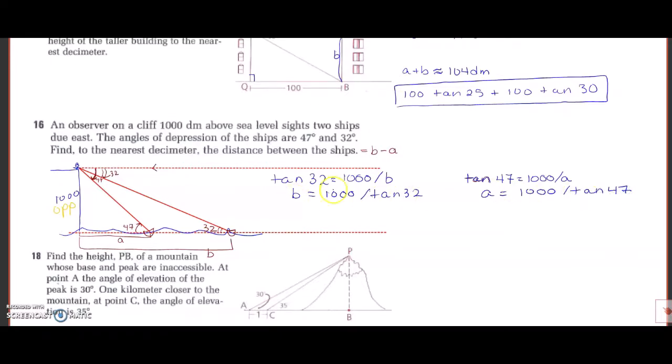of 47. So then the distance between the ships in calculator ready form is 1,000 divided by tan 32 minus 1,000 divided by tan 47.